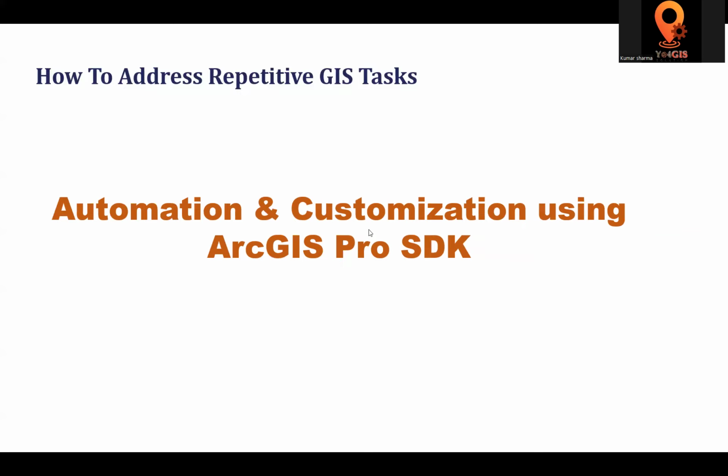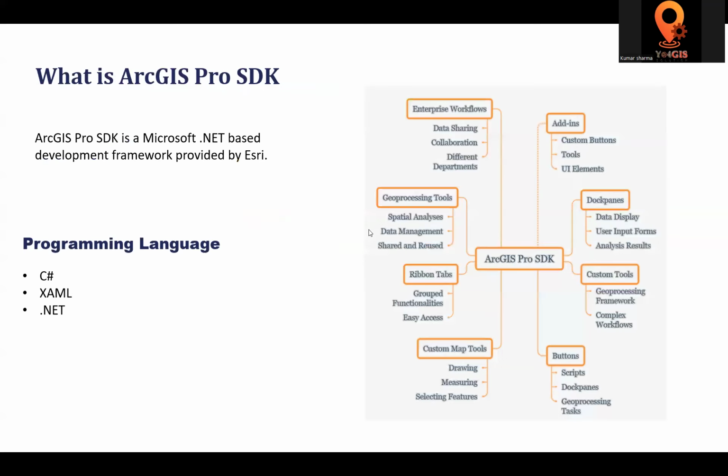The way is, we have to explore automation in ArcGIS Pro using the ArcGIS Pro .NET SDK. Using the ArcGIS Pro .NET SDK, what are the things we can do and what is the learning path of that? That also we need to understand, because it is not an easy thing.